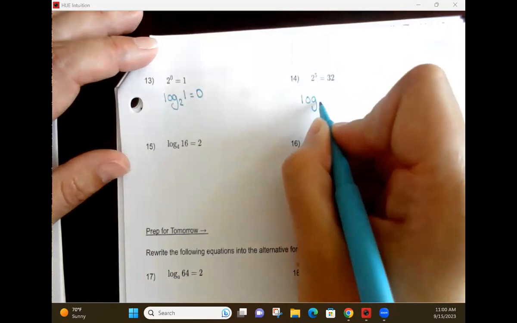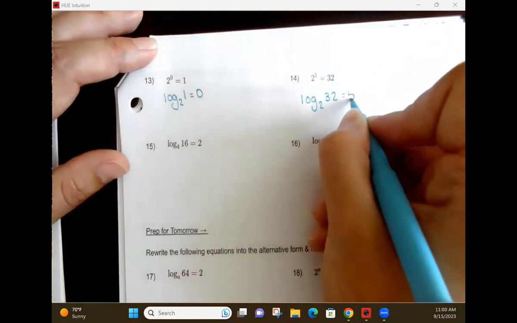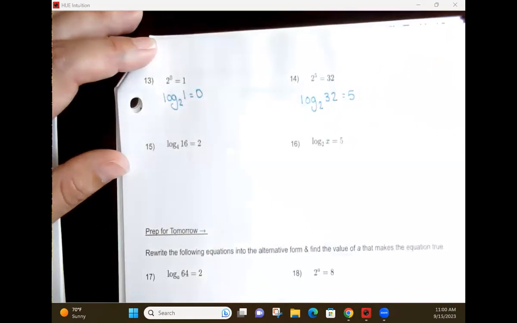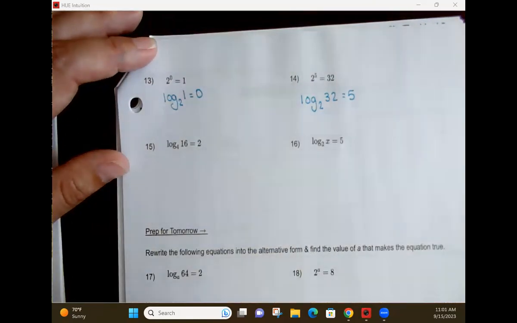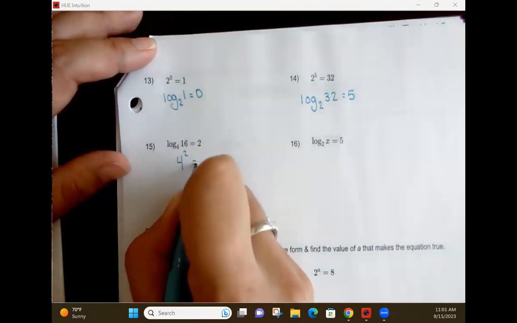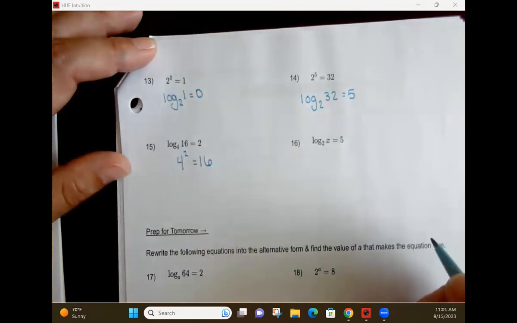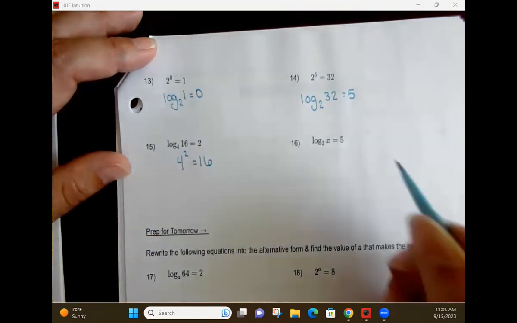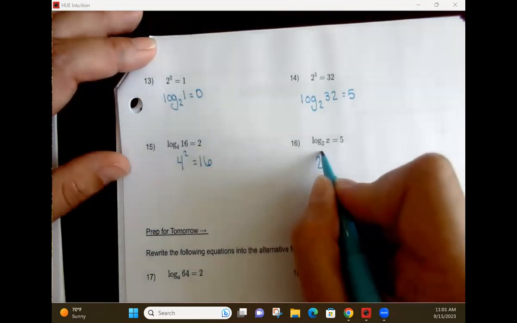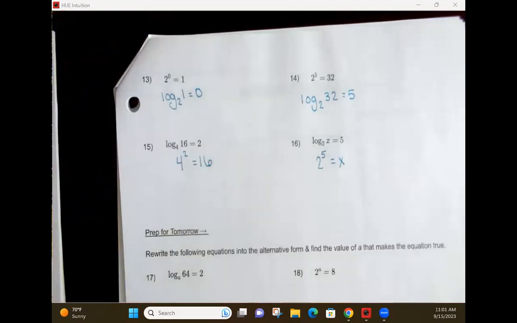Log base 2 of 32 equals 5. For 15, we're starting with a log, so we'll change it to an exponential. 4 to the second power equals 16. And then for 16, same idea. This would be 2 to the 5th equals x.